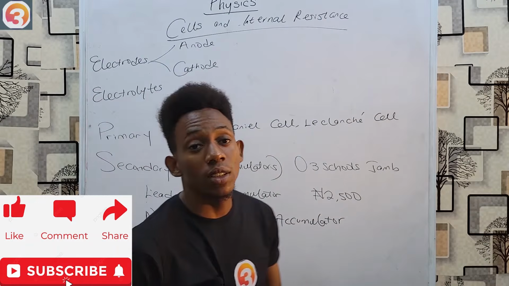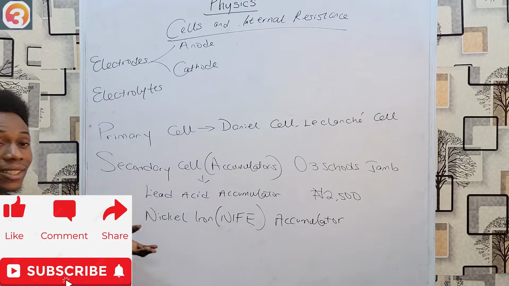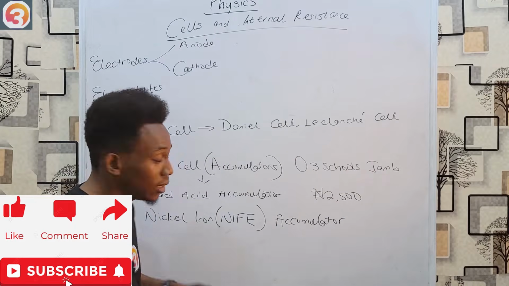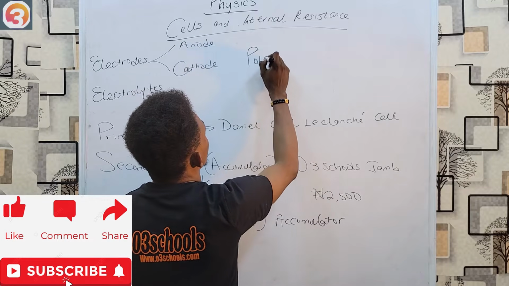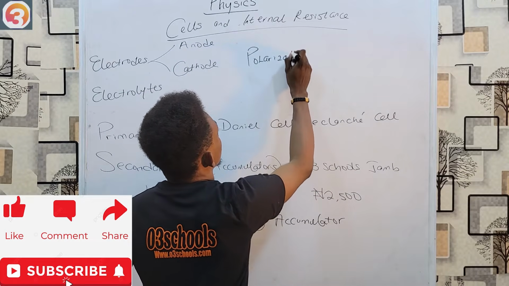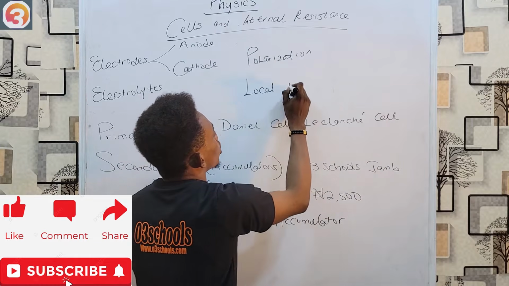There are some defects of the primary cells which are not undergone by the secondary cells. These defects are polarization and local action.